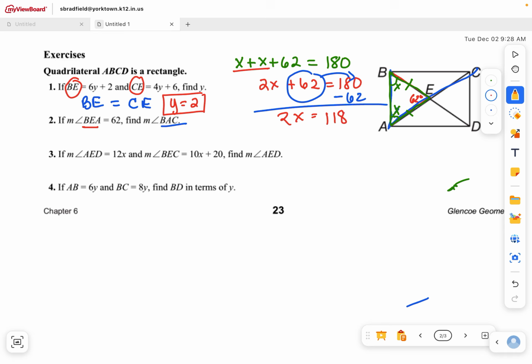And then we're going to divide by 2. x equals 59. So our equation again is that x plus x plus 62 equals 180 degrees. Then x is 59 degrees, which is the measure of angle BAC.